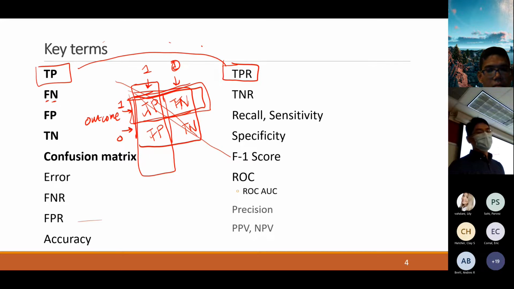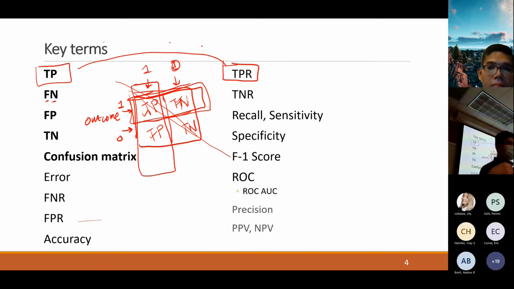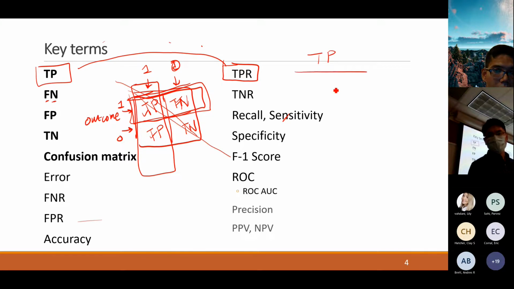If you flip to the following slides, you will find out the answer. Here, I'm just trying to prompt you to think about it without looking at the answer. True positive rate: obviously you would have true positive on the numerator, but what's the denominator?